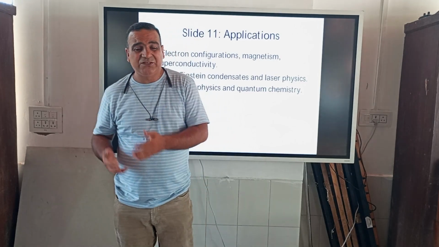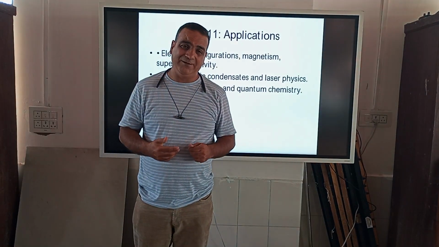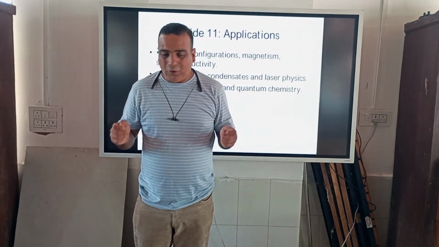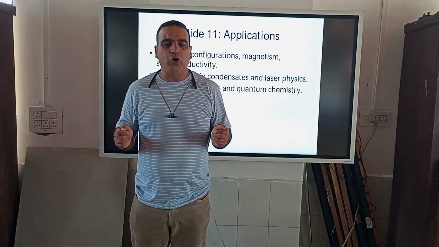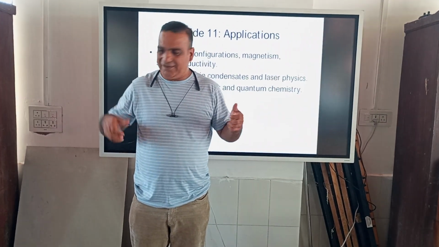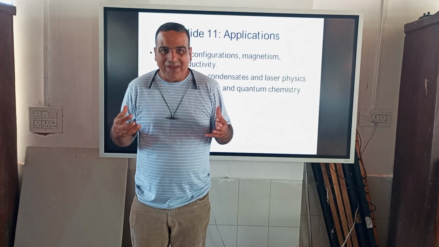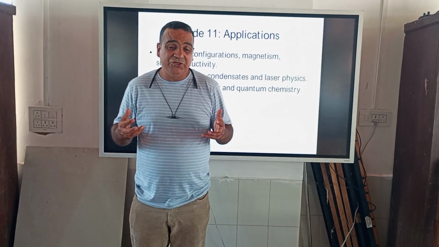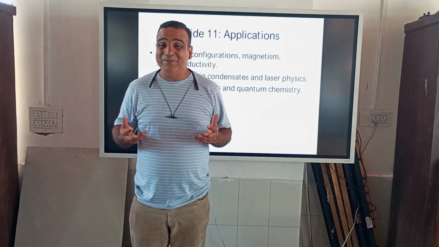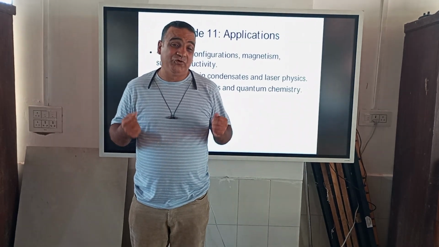But that's not the case in the framework of quantum mechanical particles. You cannot distinguish one electron from another, electron 1 and electron 2. Why can we not distinguish them? The reason is that in quantum mechanics we don't have trajectories.